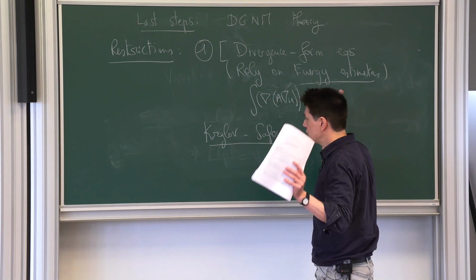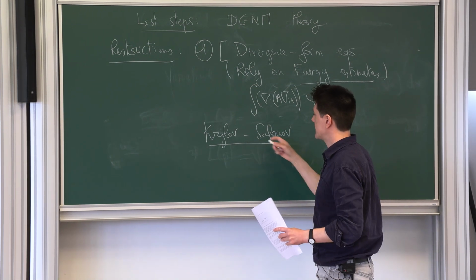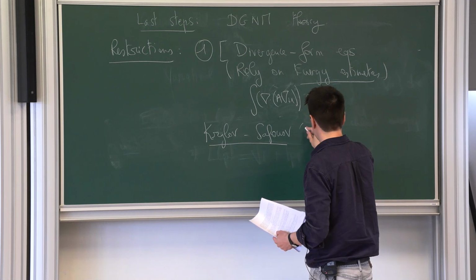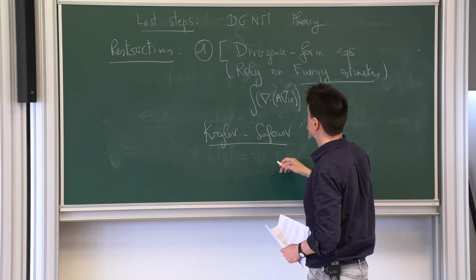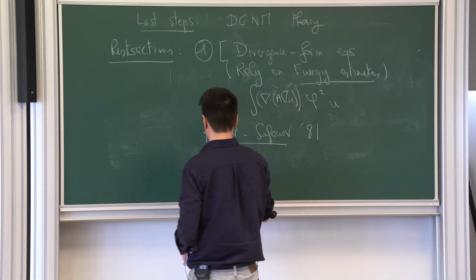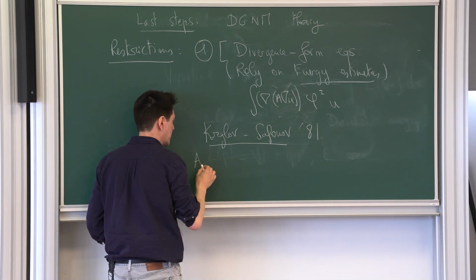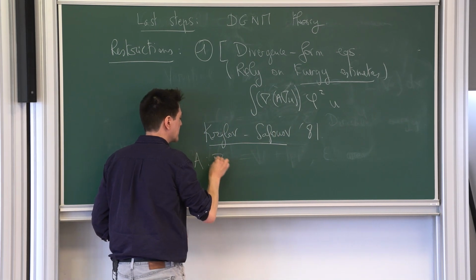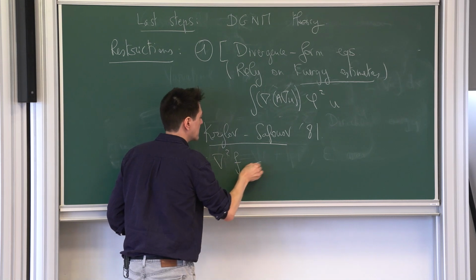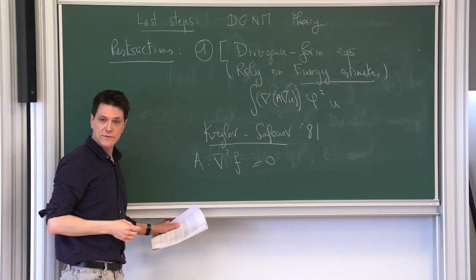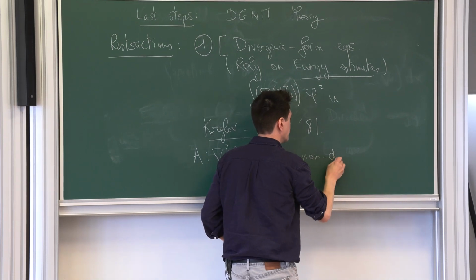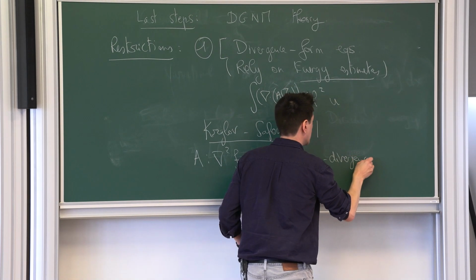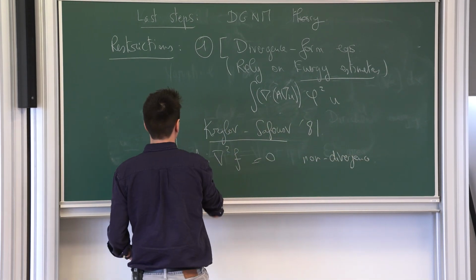But the paper usually credited for giving the final answer is Krylov-Safonov, which should be '81, which gives, by a totally different method, the Hölder regularity when the coefficients are outside the derivatives, okay, for non-divergence. I wanted to mention that.